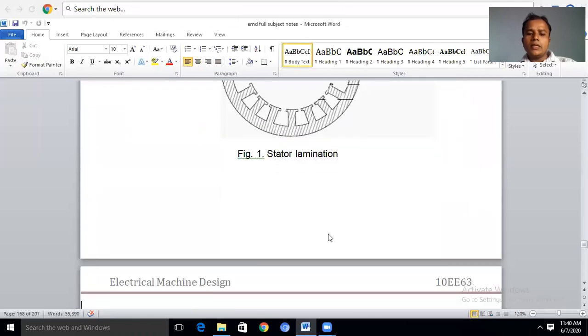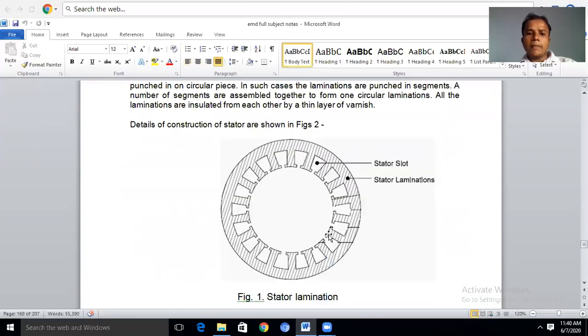Here you can see the stator core. This is the stator slot, and these are the stator laminations. In this we are going to put the armature. We are just putting the rotor part.